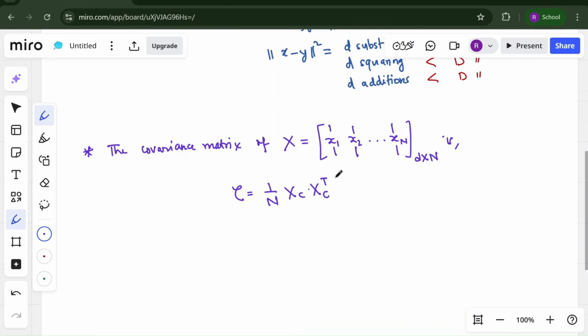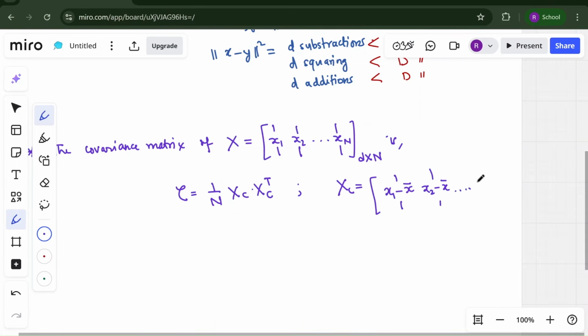Now what is XC? Instead of X1, I'll do X1 minus X bar. Instead of X2, I'll do X2 minus X bar, and so on. And finally, instead of X capital N, I'll do Xn minus X bar. This is XC. It is also called the centered data matrix.